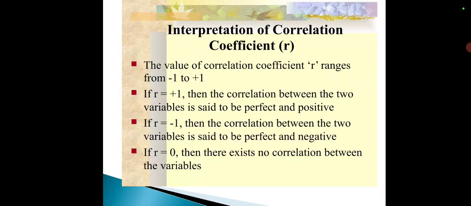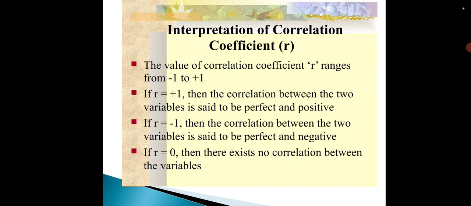Next, interpretation of the correlation coefficient, denoted by r. The values of the correlation coefficient r range from -1 to +1. Minus indicates negative correlation and +1 indicates positive correlation. If r is +1, then the correlation between the two variables is said to be perfect positive correlation.